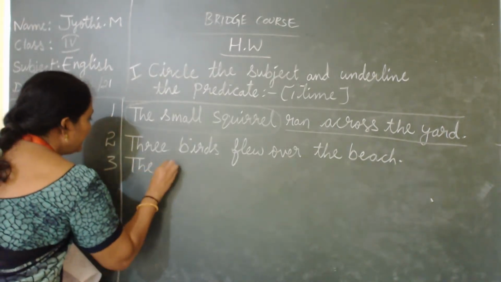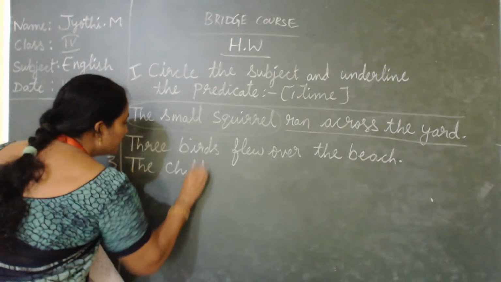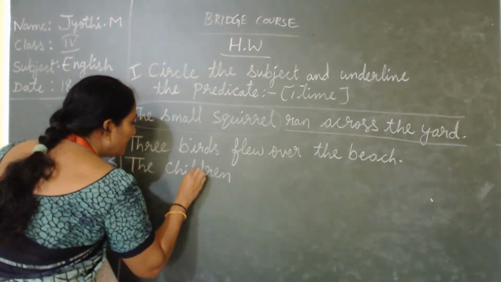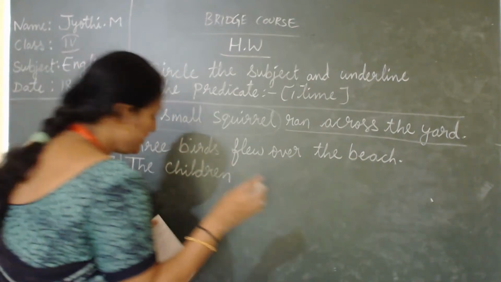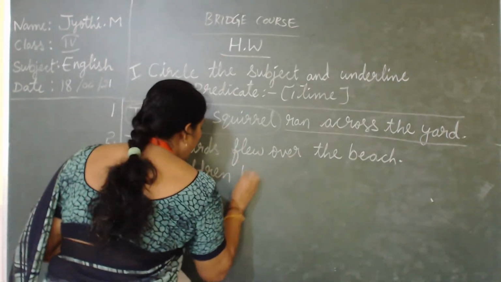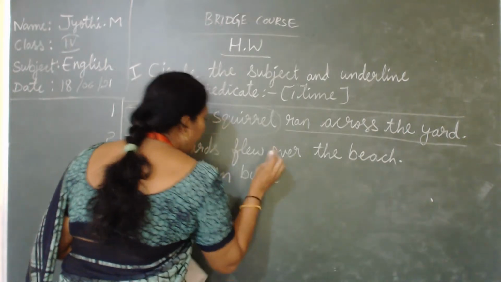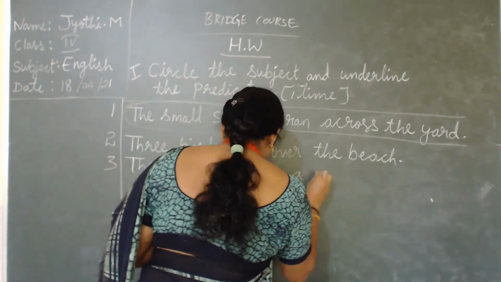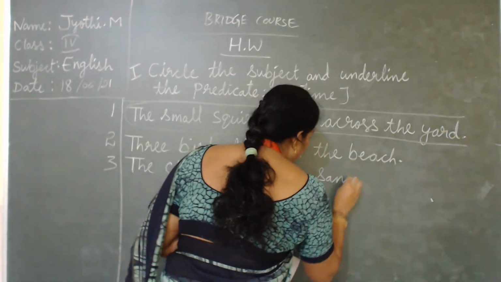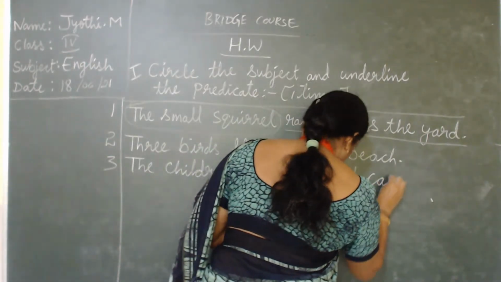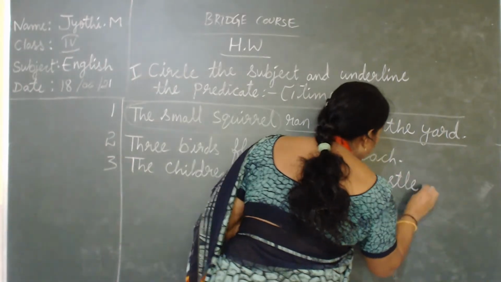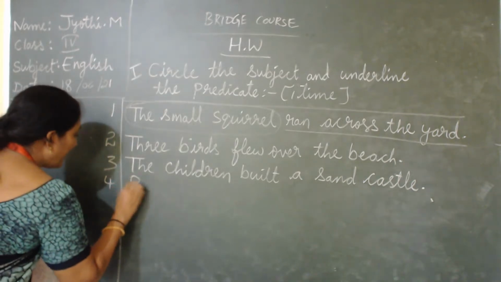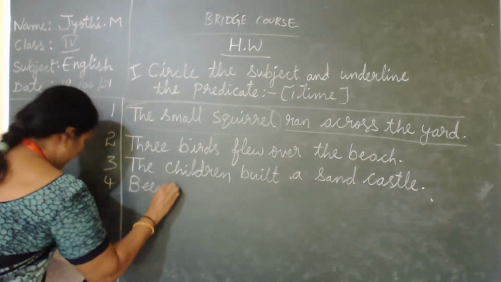The children. Plural of child is children. The children build here, it is an action. Something the children are doing the action here. The children build a sand castle. Beena, it is the name of a girl here.